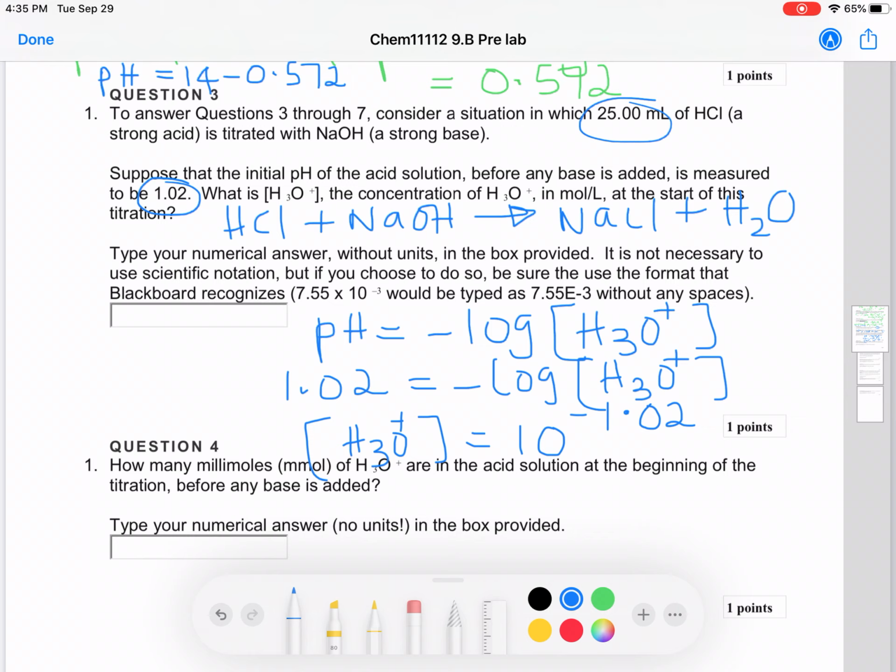H3O plus would be shift log and then negative 1.02 in your calculator. Okay, you should get a smaller number because it is an acidic medium, a number less than 1. You can get the answer for that.